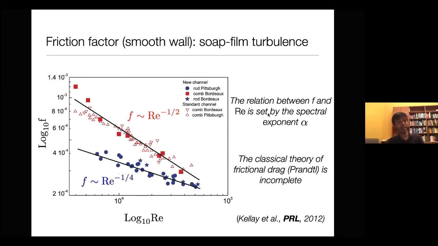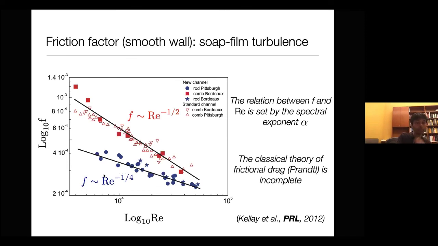And the second is that in the classical theory, due to Prandtl and von Karman, there is no contact with the turbulent spectrum. If we use any version of the classical theory, we are not going to get these two families, because there is no direct effect of the spectrum. So the classical theory, we suggest, is in fact incomplete.